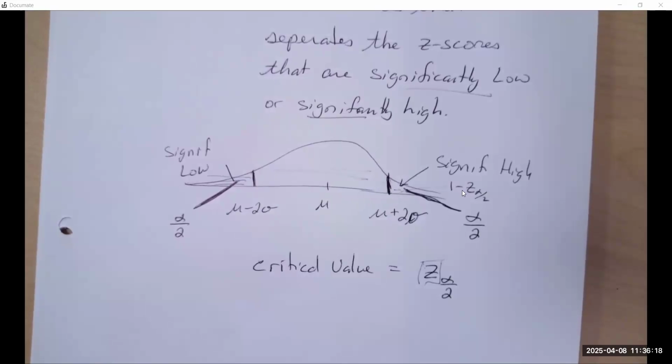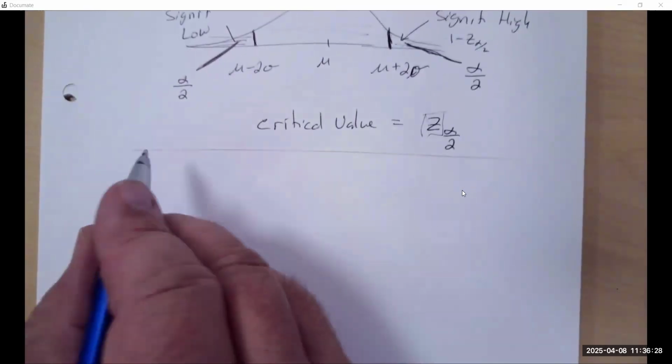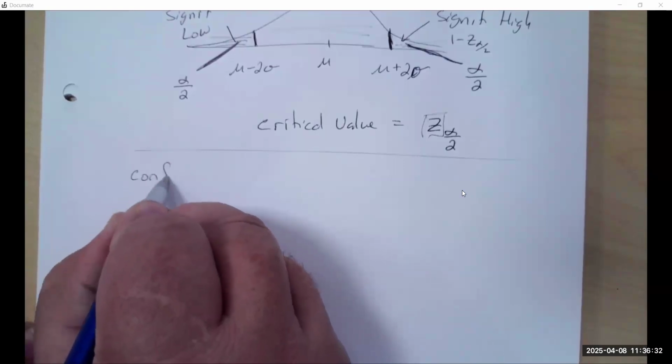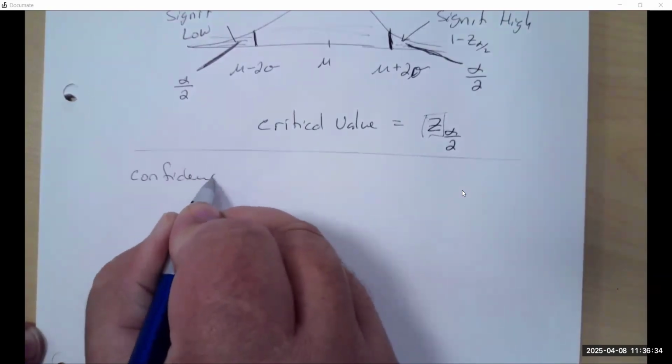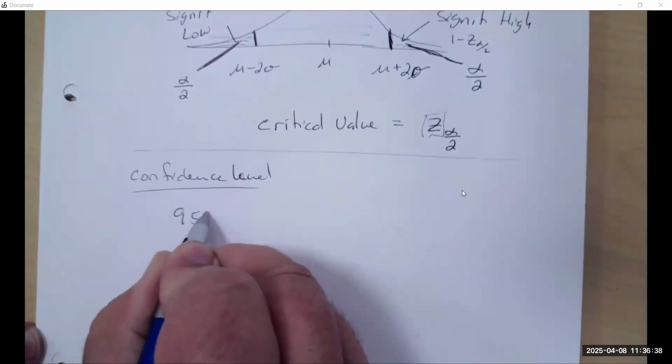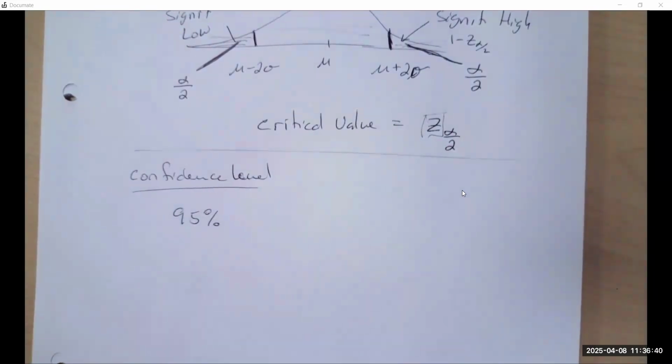Okay, for example, let's look at my confidence level is 95% confident. I'm 95% confident that the population proportion will be within my interval.